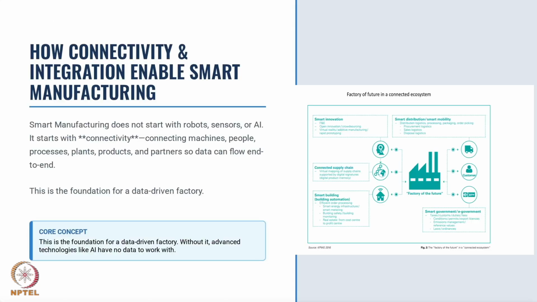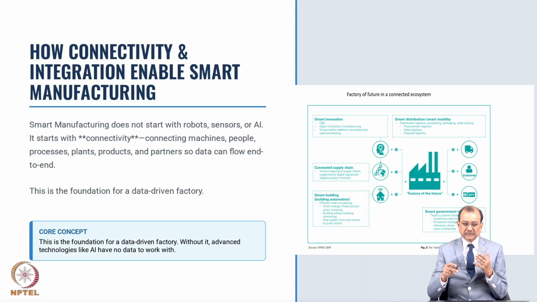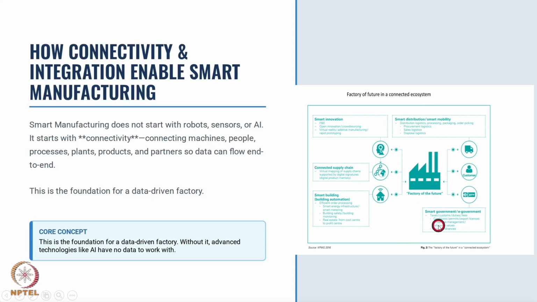There are certain requirements for smart manufacturing and intelligent manufacturing, and connectivity is one of the important aspects. Connectivity and integration. As you are seeing in the picture on the right-hand side, when we talk about connectivity, we talk about the connectivity of the factory with the supply chain, with R&D, with logistics and distribution, and with all kinds of connections with the government and compliances.